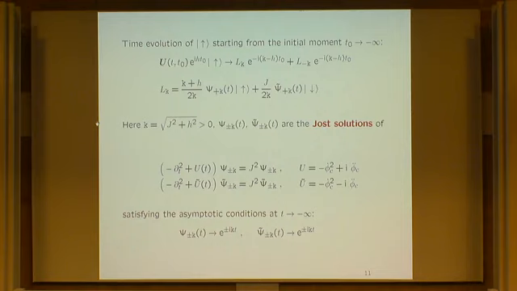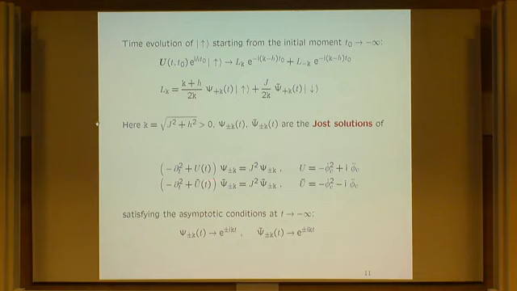this time evolution involves two terms, which both oscillate with a certain phase, and the coefficient k is written in a certain combination which doesn't depend on t0, of course, because we are talking about t0 going to minus infinity, but depends on t. This function is actually a solution of the Schrödinger-like equation.